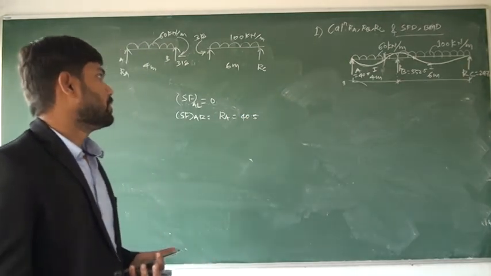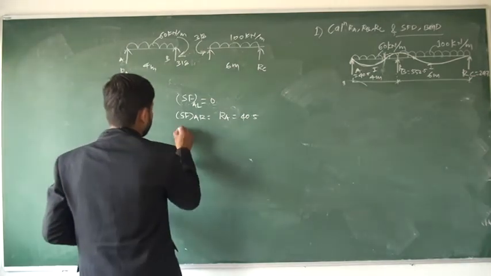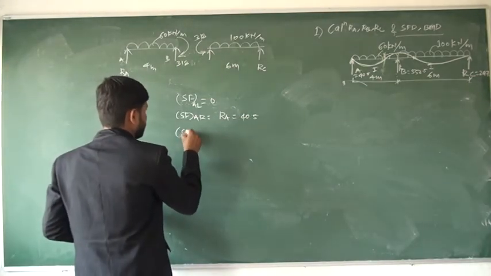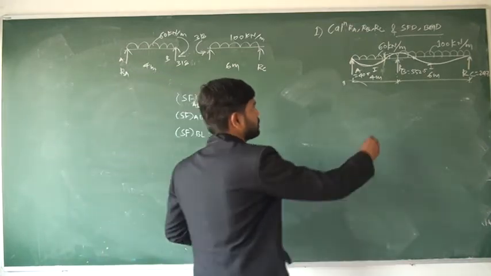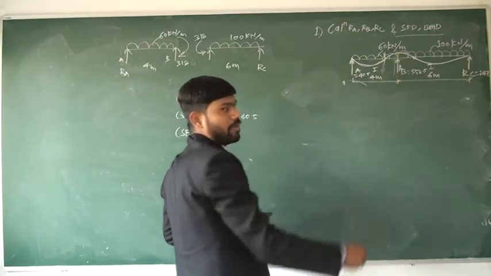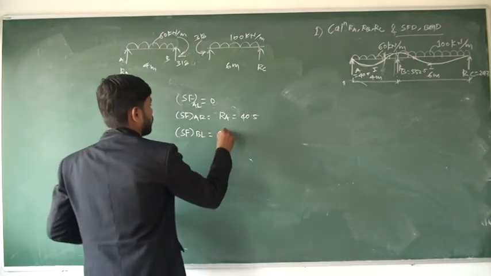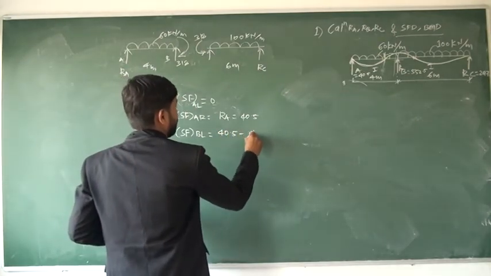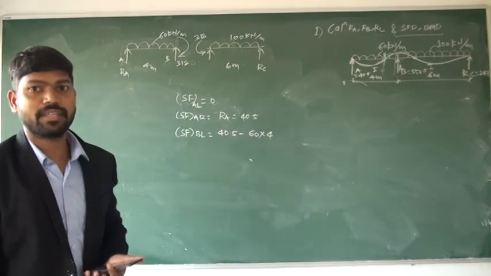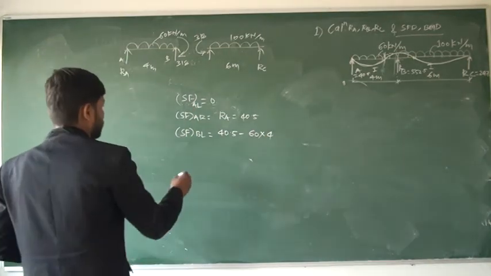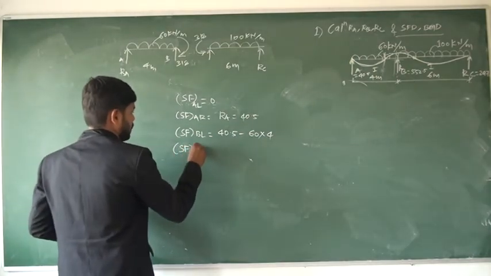Then shear force at B left, means at this junction without considering RB value. So 40.5 minus 60 into 4. I have not considered RB here because this is shear force at left.